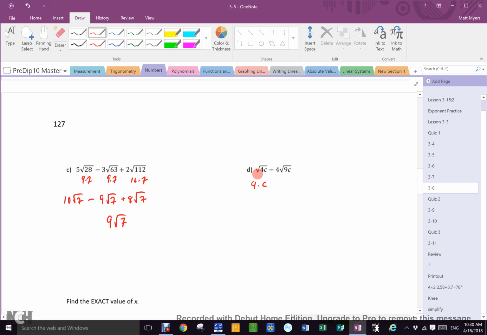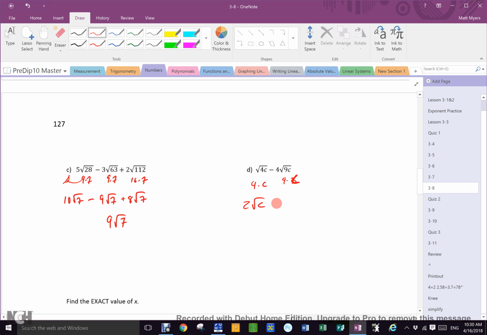Instead of being 4 times 7, it is now 4 times C. When it was 4 times 7, we took out the root of 4 and we left the 7. So what are we going to do here? Take out the root of 4 and leave C. 2 root C. What are you going to do here? 9 times C. Take out the root of 9, which is what's already out there.